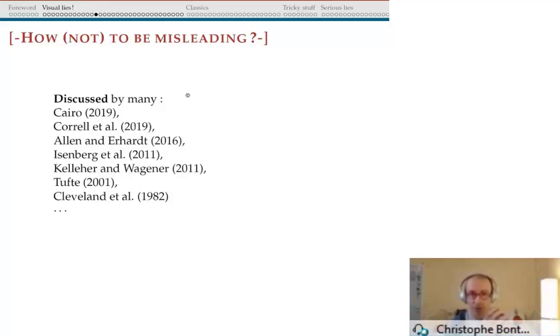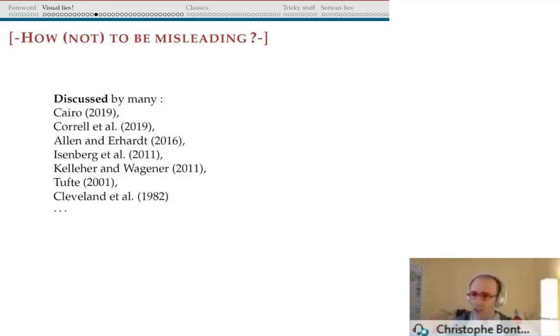And if people do not explain why they choose this type of scale, there are two reasons for that. The first one is the software chose the scale for them, or they chose it on purpose to highlight something. And this something can be perfectly relevant, perfectly honest, or misleading.